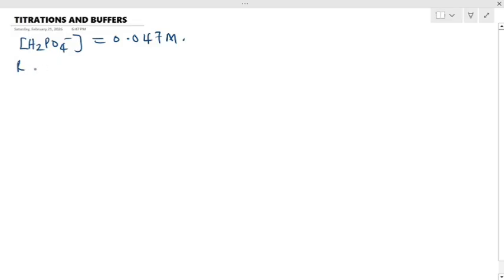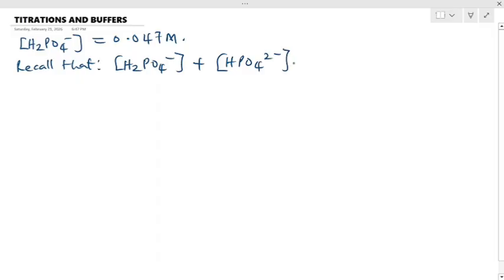So we'll just recall that equation. Recall that your concentration H2PO4 minus plus your concentration HPO4 2 minus is equal to 0.15 molar.